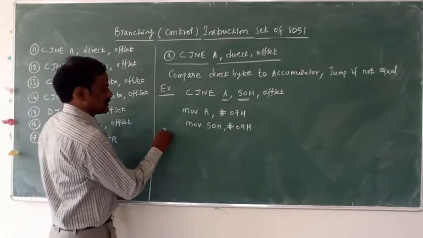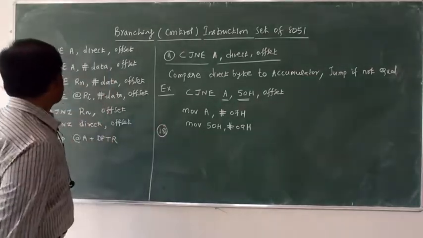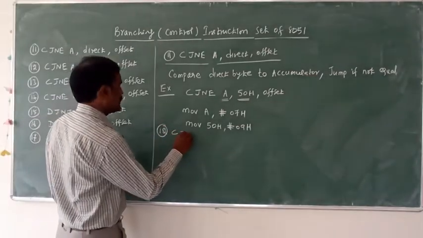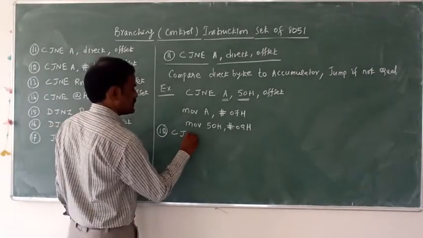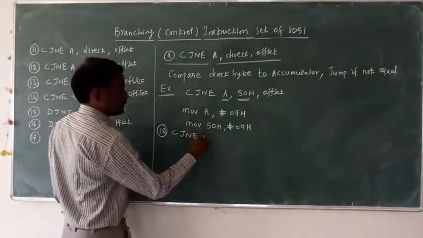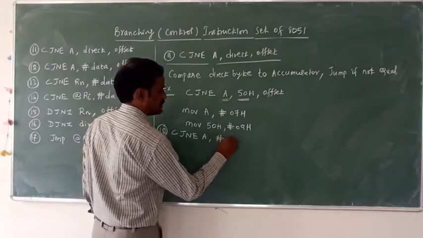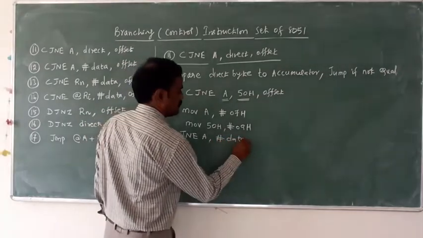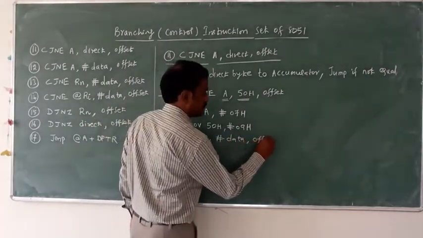And 12th instruction, CJNE A comma hash data comma offset.